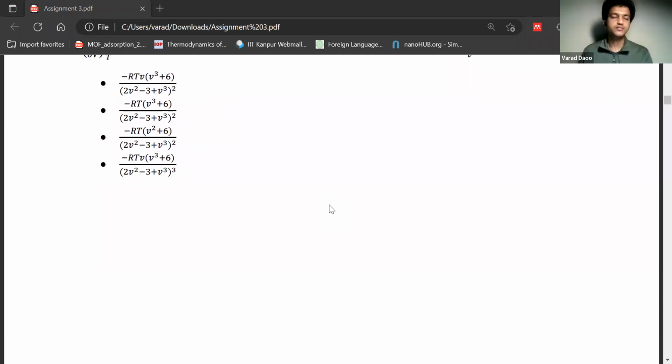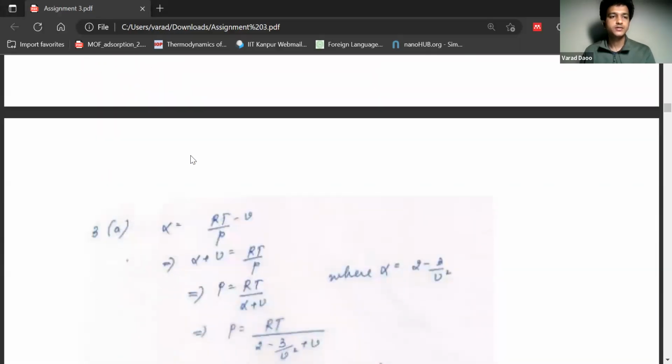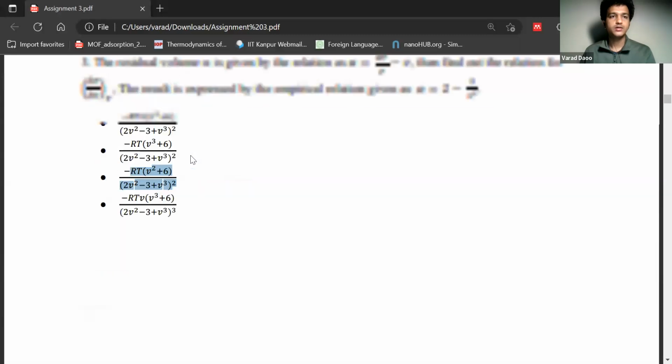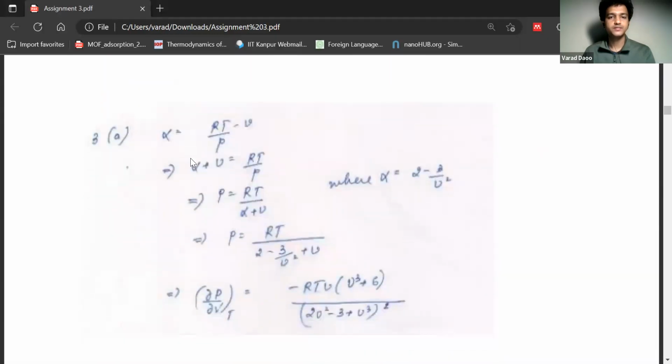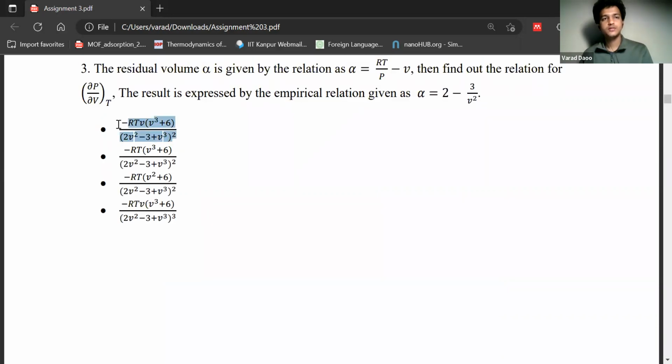Anybody would like to guess the answer? So the answer is this, option C, right? No, the answer is I think option A. This is the answer. Anybody got it?